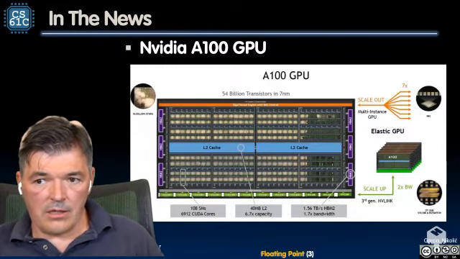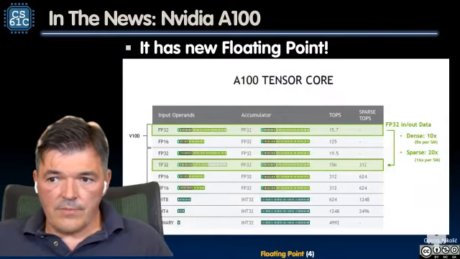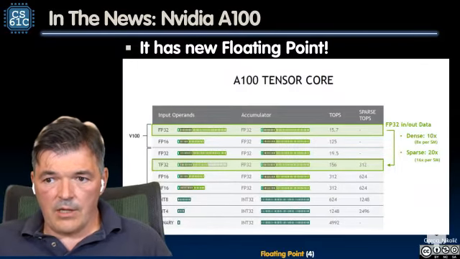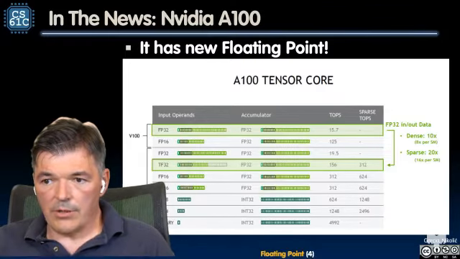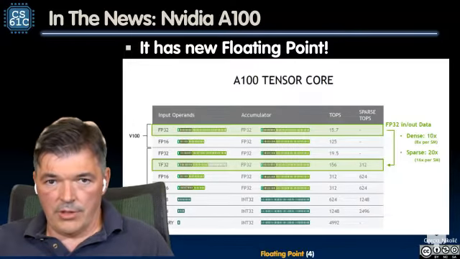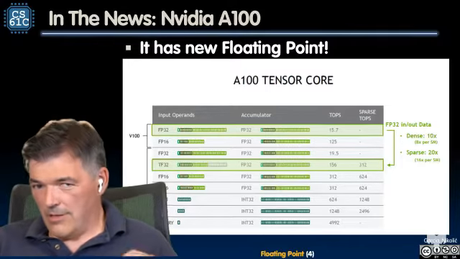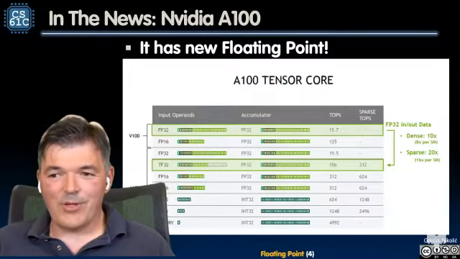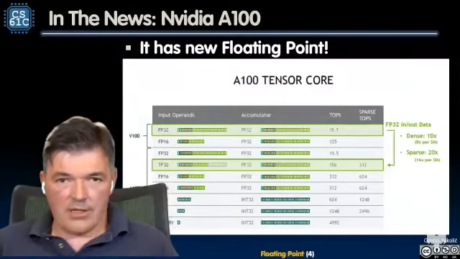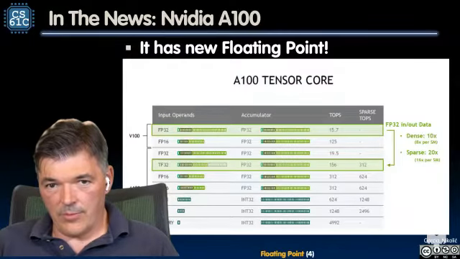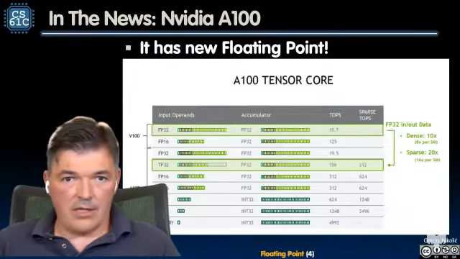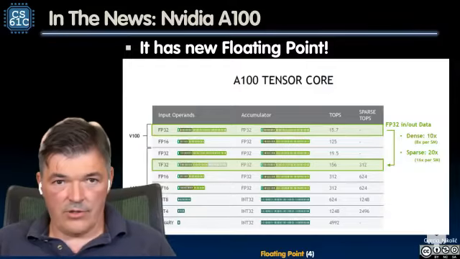They are touting its performance, and here are a few things they're talking about. They're talking about their floating point performance. That's why we picked this news for this week. What is interesting there is that they've introduced a brand new floating point format, TF32.